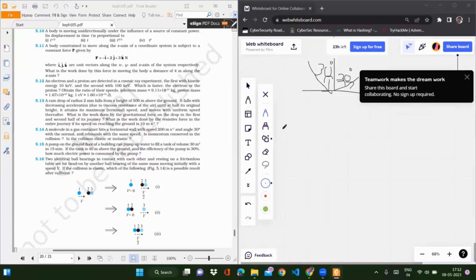In this case, the work done by the pump is against the gravity. So the work done by the pump and the work done by the gravity will be equal and opposite. Downward for the water, mg will be acting, and upward the pump will apply force and lift it up.